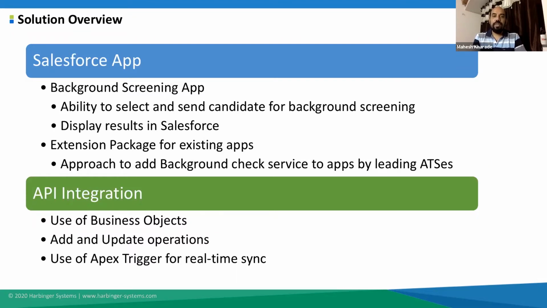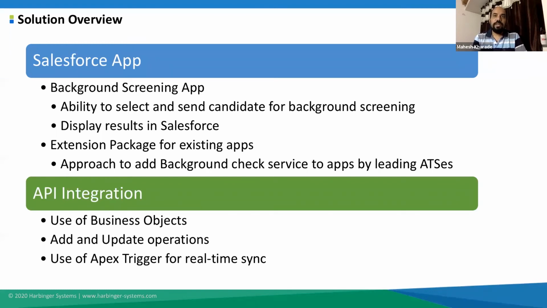One was where there is a core Salesforce app for the ATS or recruitment scenarios. And what we needed to do is just put an additional app which would work along with the existing Salesforce app and enable the background check experience.